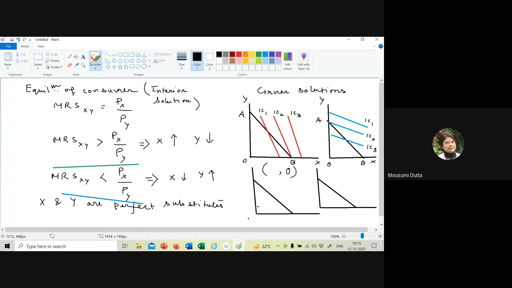Graphically, if the budget line is given by XPX plus YPY is equal to I, how do we write the budget equation? So in the first case, what is the amount of X the consumer is consuming? I by PX. Very good.